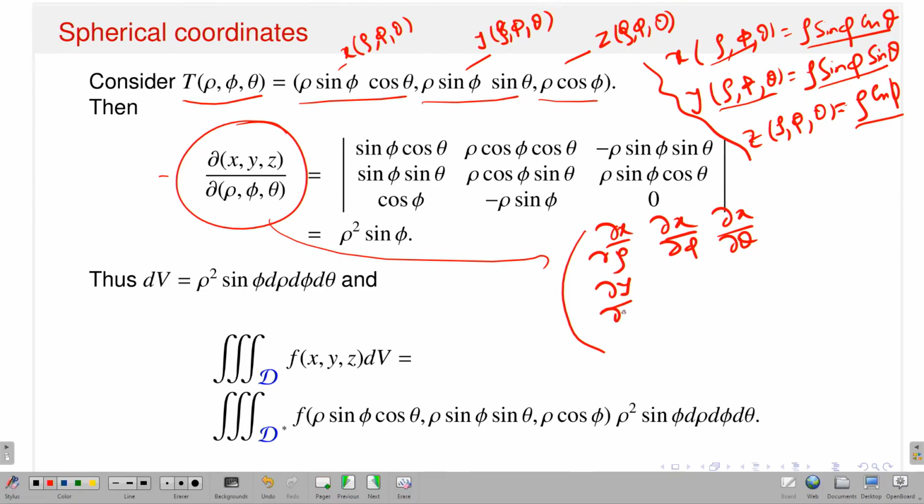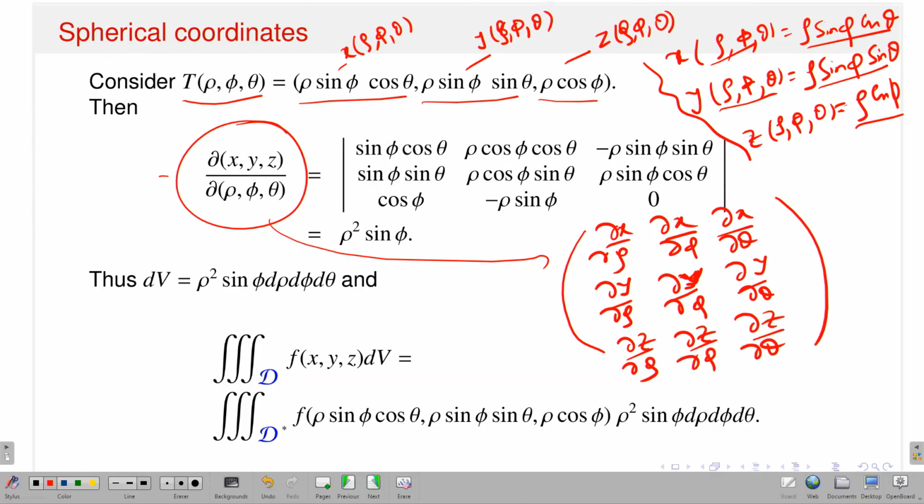Then you have del y del rho, del y del phi, and del y del theta, and finally you have del z del rho, del z del phi, del z del theta. So this is the 3 cross 3 Jacobian matrix of your transformation at the point rho, phi and theta. Okay, for that Jacobian matrix you have to take the determinant, get the Jacobian, and take the absolute value.